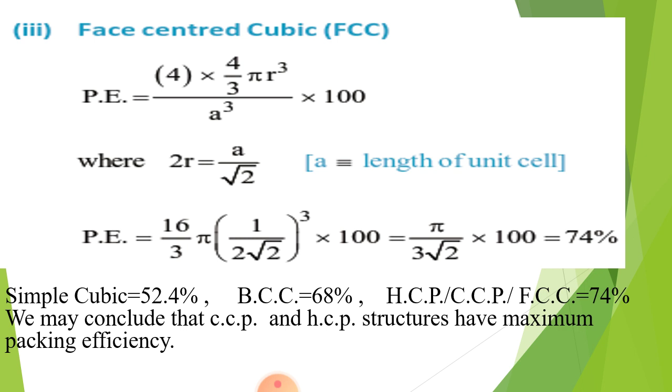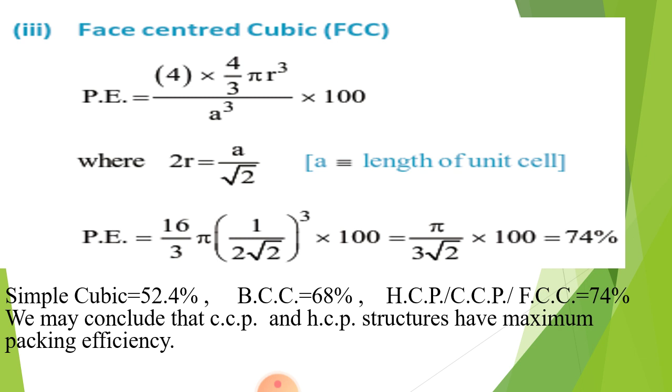Now third, the face centered cubic unit cell. FCC contains 4 atoms. That's why the packing efficiency is equal to 4 into the volume of one atom, 4/3 pi r cube, over the volume of the cubic unit cell, a cube, multiplied by 100. Here you have to find the face diagonal. One side a, second side also a, and the face diagonal is root 2 a.